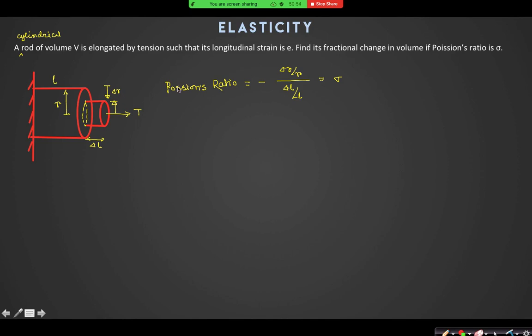Can you tell me what is the answer of this question? What will be the answer? But do we have to do any approximations? Approximation you can use, yes. These changes are very small that you can use.